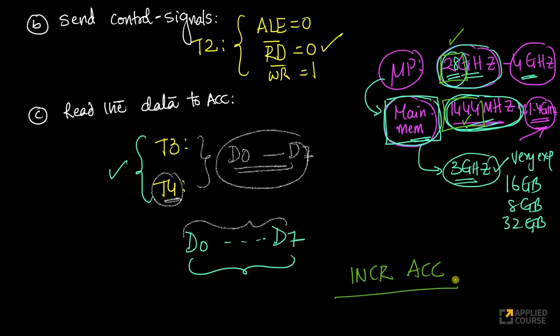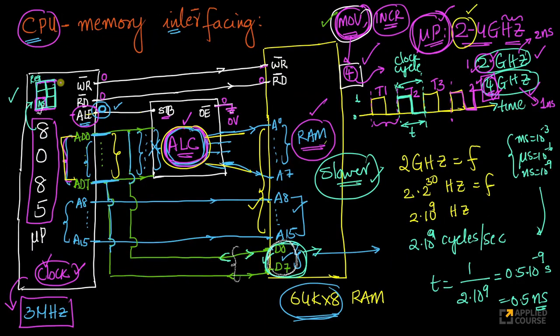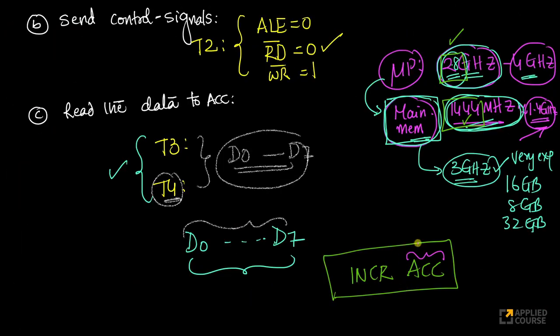How many cycles do you think this would need? I'm not asking for a perfect answer. The data is already present in the accumulator, so incrementing it doesn't require me to read data from the RAM. I want to increment this.